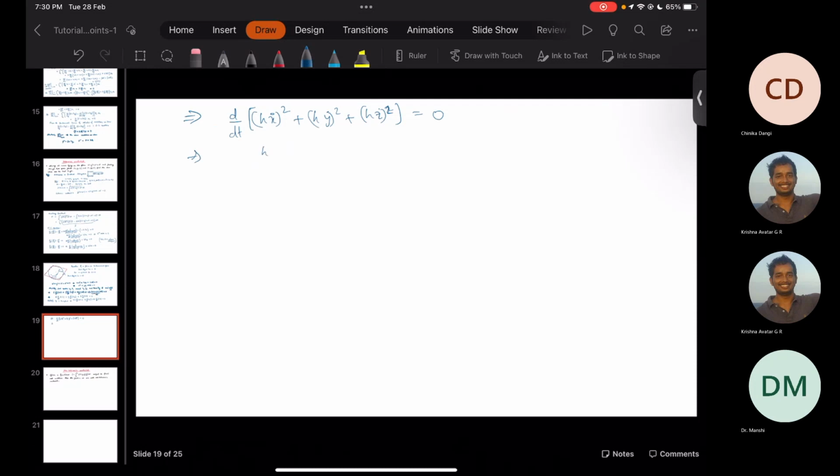So then this gives us that h squared into x dot squared plus y dot squared plus z dot squared is equal to some constant c. And now let's put the expression for h squared.